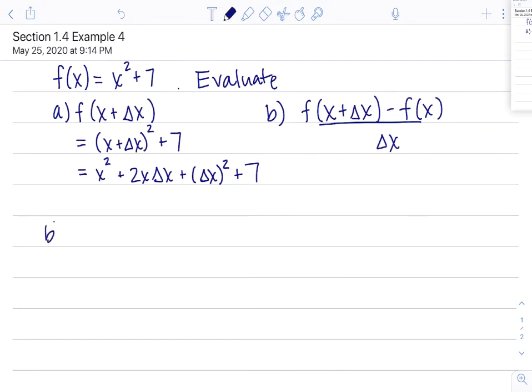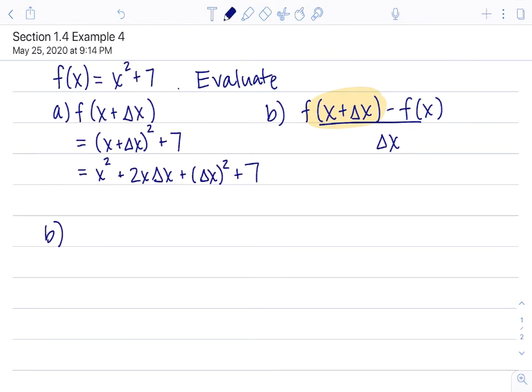Now for part B, we're going to start with that term that we just found, f of x plus delta x. Whenever you're evaluating one of these difference quotients, it's always a good idea to evaluate the f of x plus delta x before I plug it into this big fraction. There's just a lot going on in this function, and I wouldn't want you to get everything all mixed up.